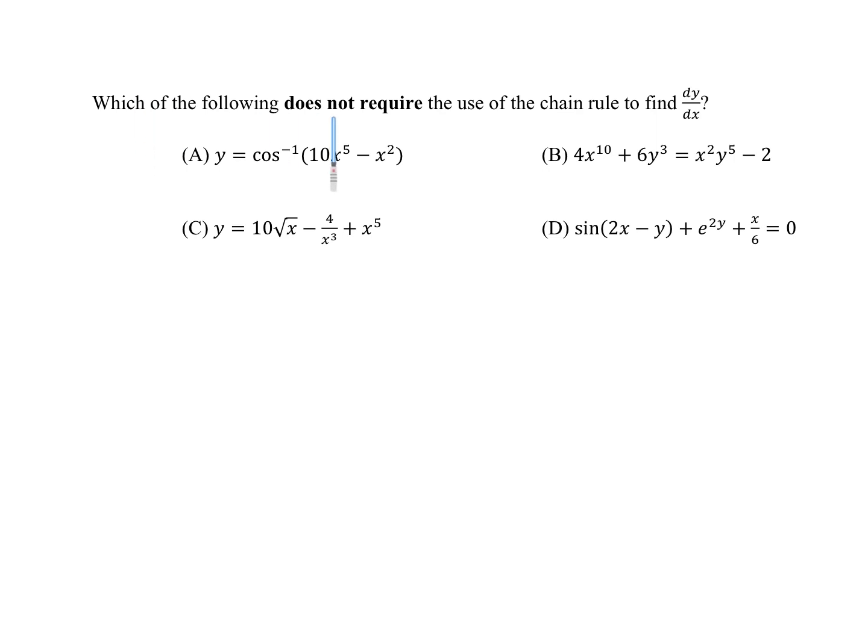Okay, last one then. Which of these does not require the chain rule? Ooh, I almost didn't include this because I think it's tricky. Does this one require the chain rule? Yes. Yeah, it has an outer and an inner, so that's not my answer. Does this one require the chain rule?